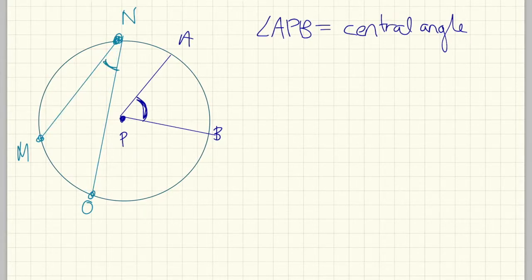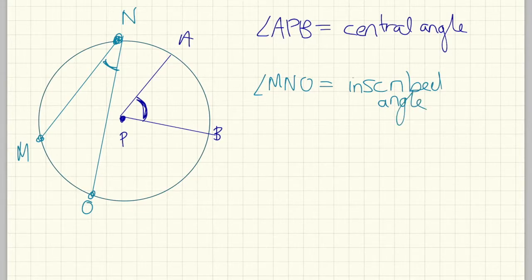It doesn't pass through the center, but it does form an angle. So we can call it angle MNO. It's actually an inscribed angle, and that's the case for any angle created inside a circle whose vertex, the corner of it, is not at the center. But if the corner of the angle is at the center, we call that a central angle.